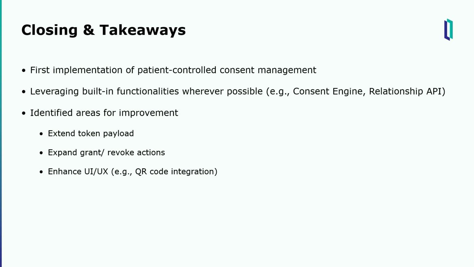And the third part is to enhance the UI and user experience. And as you said, how can you give it to the care provider? Of course, for this example, we dealt with only a 6-digit alphanumeric code. That's quite easy, but also not very secure. So you can think about extending the token, making it into a QR code, adding an additional factor to it, to make it more secure.